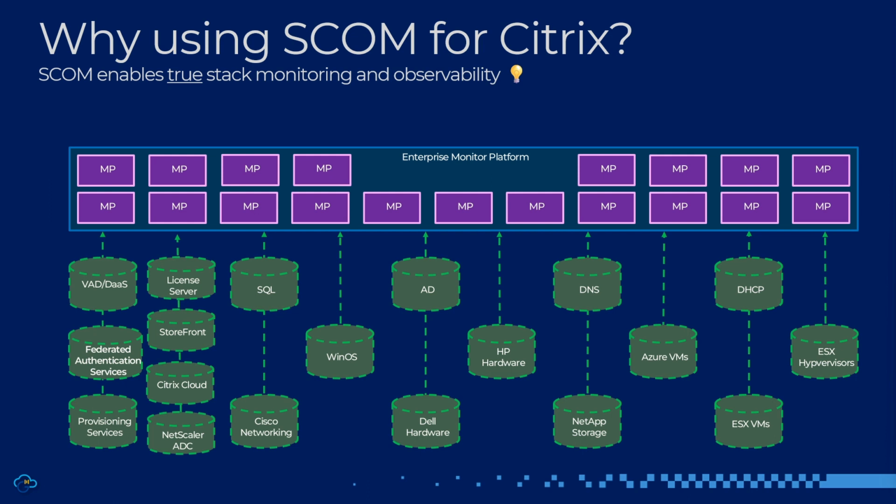So that's why we think it is crucial to have an enterprise monitoring system in place that provides a holistic view on your complete IT infrastructure, which includes both the Citrix and the non-Citrix components that make up your complete Citrix stack.